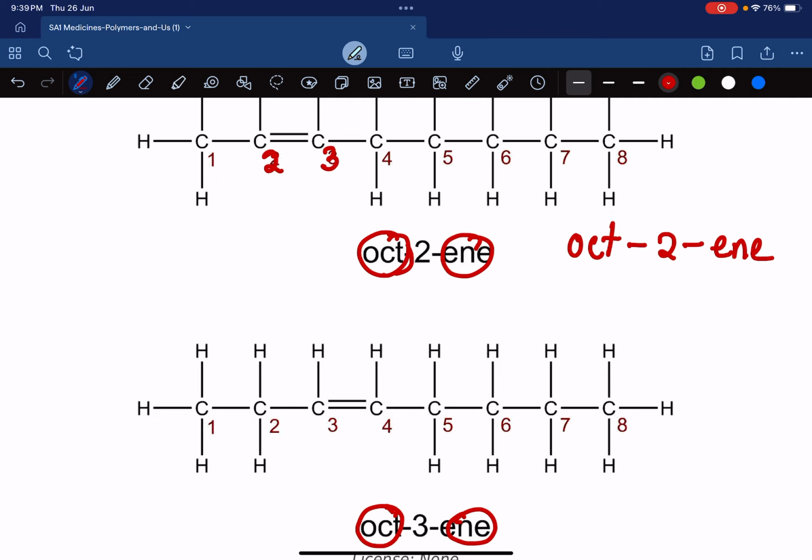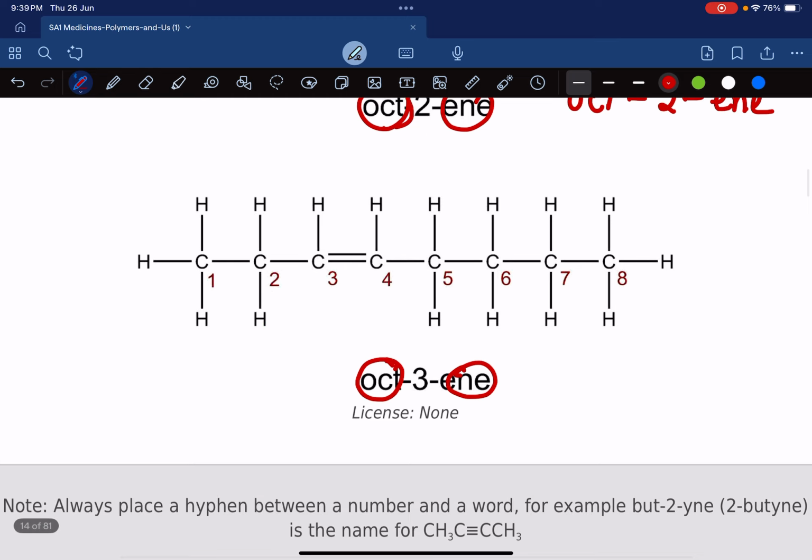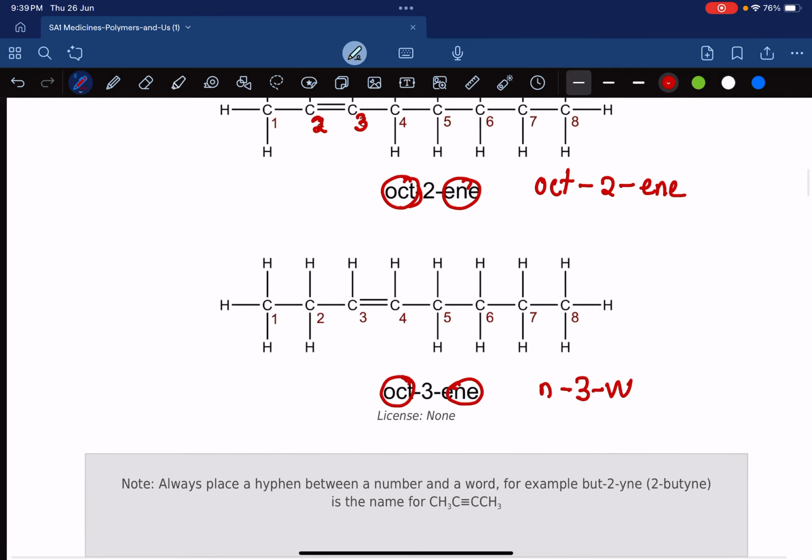So it's oct-3-ene. Whenever there is a number followed by a word, there must be a hyphen, and before that, if there's another word, there must be a hyphen. So it's letter, hyphen, number, hyphen, letter. That's how the rule goes.